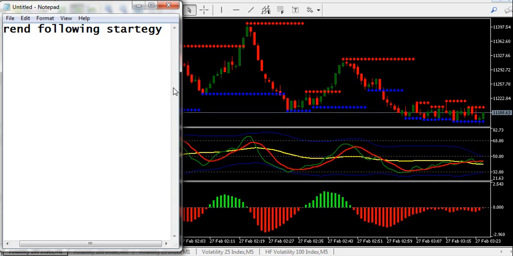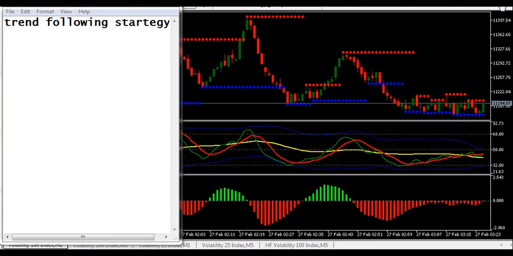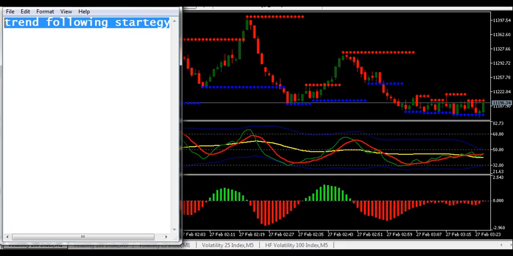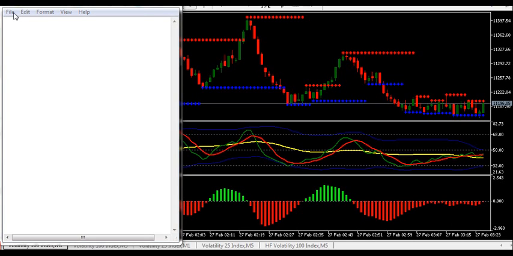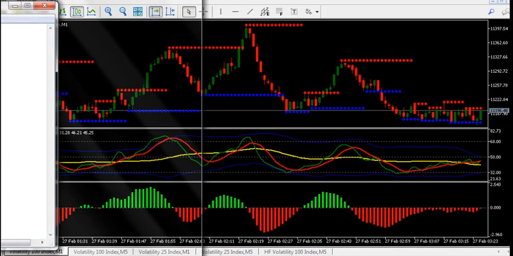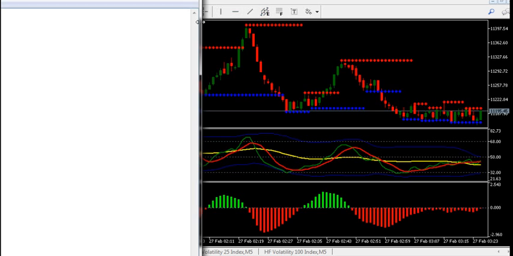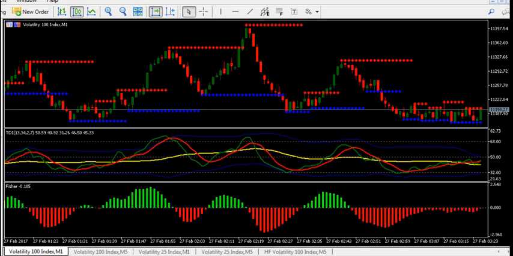What we'll be looking at right now is working with the indicators. Whenever the three indicators give you the same direction, you go in the direction of what they give you, and with this you should be able to trade properly.